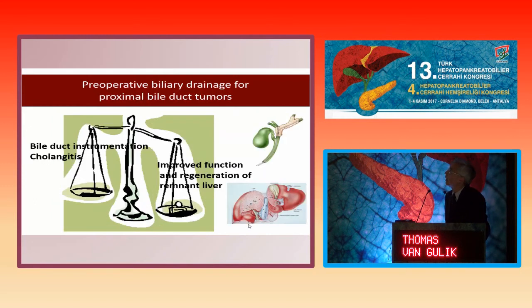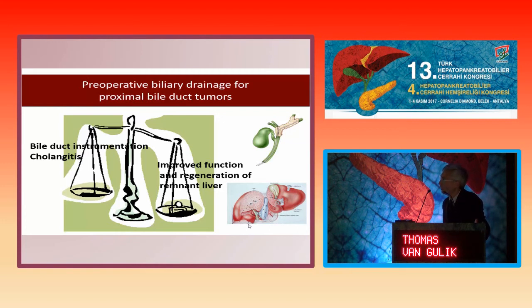I think for a perihilar carcinoma, there is a totally different ballgame, because in these patients you need to do a large liver resection and you rely on the regenerative capacity of your remnant liver for postoperative outcomes. So in these patients, I think the benefits of drainage outweigh the disadvantages of bile duct instrumentation and cholangitis.